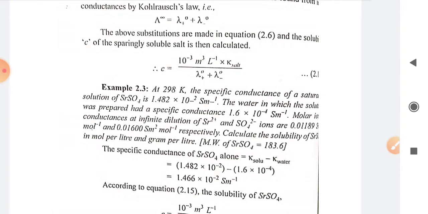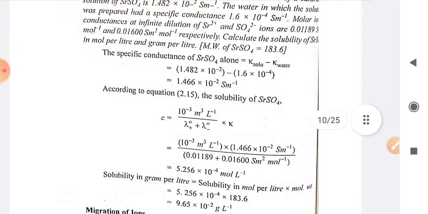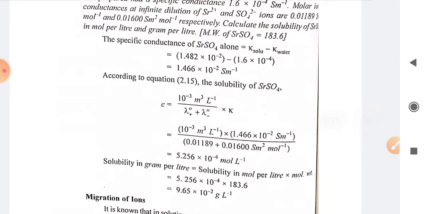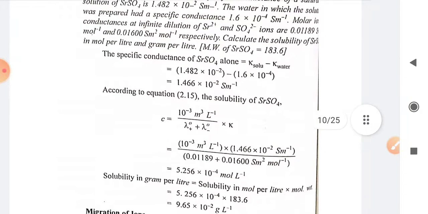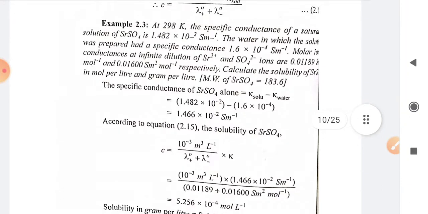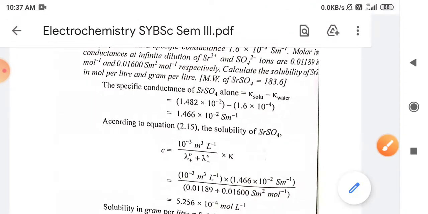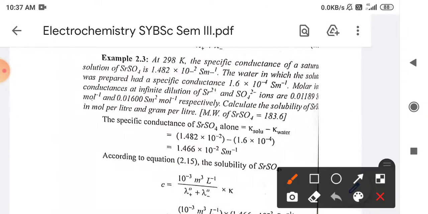Here we have one important numerical. They have given a saturated solution of strontium sulfate, SrSO4, which is a weak electrolyte again, with a specific conductance of 1.482 into 10 to minus 2.